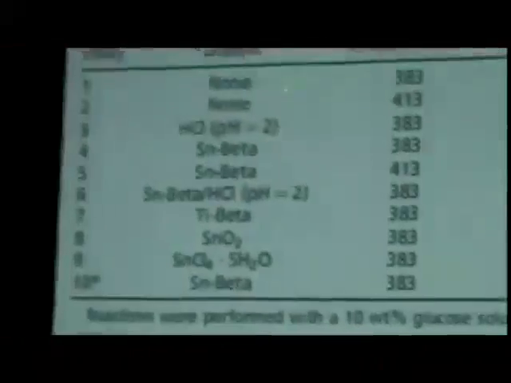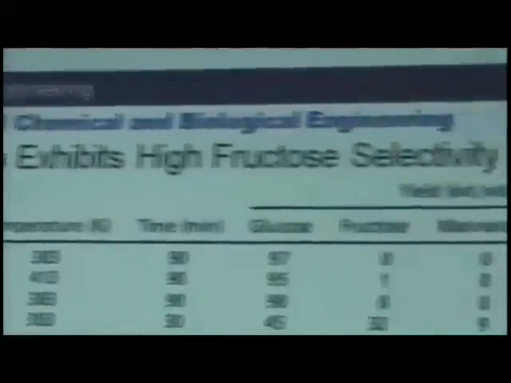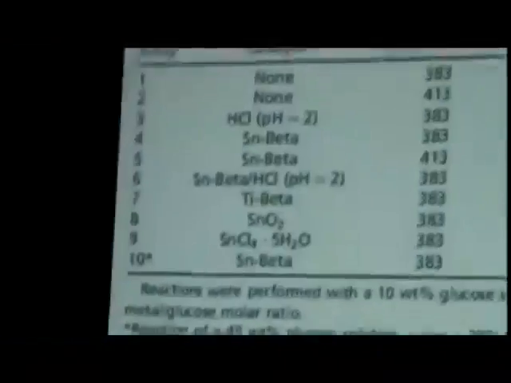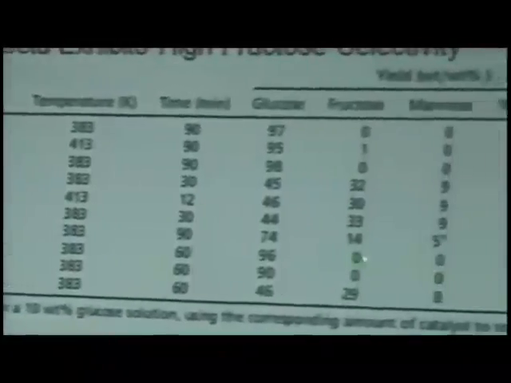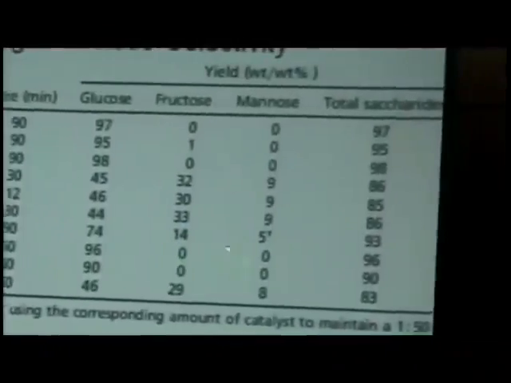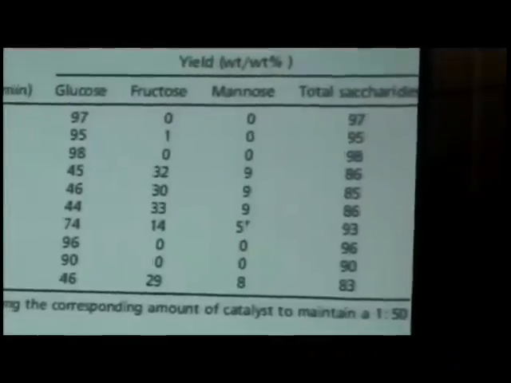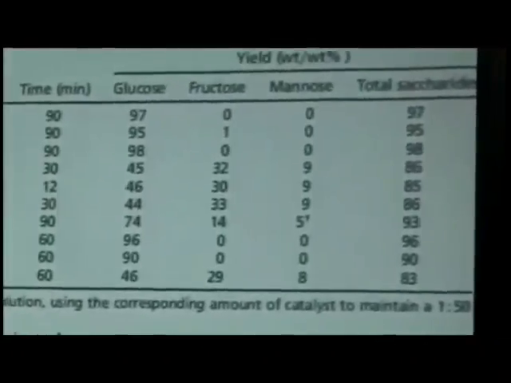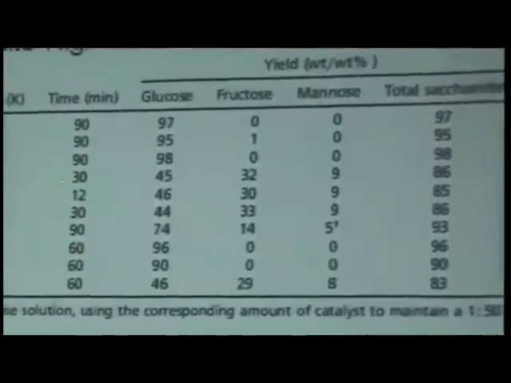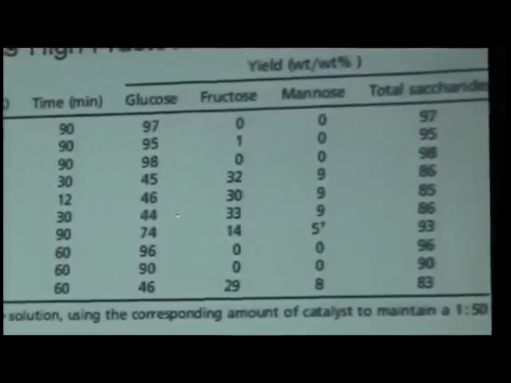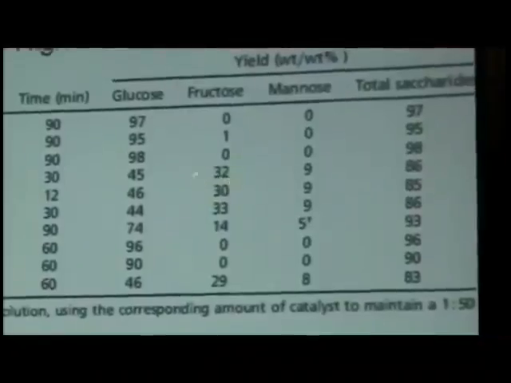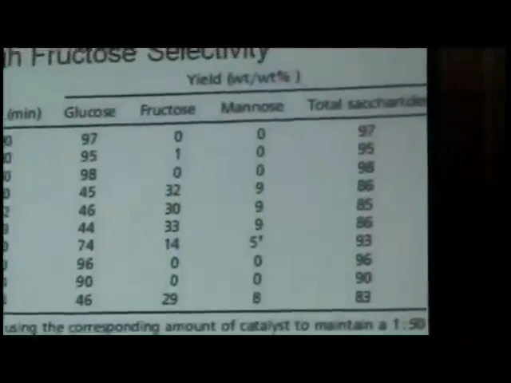This is shown here. This is a tin oxide. When you expose it to glucose, you don't get much of the isomerization reactions, especially to fructose and mannose. On the other hand, if you use a tin beta, you get a substantial conversion of the glucose into fructose and mannose.